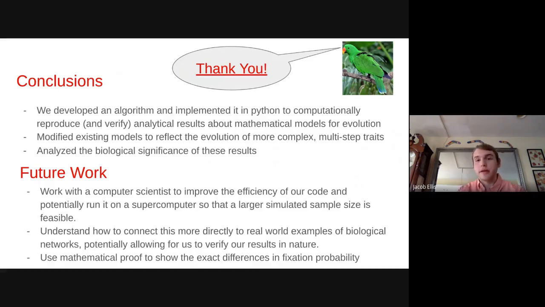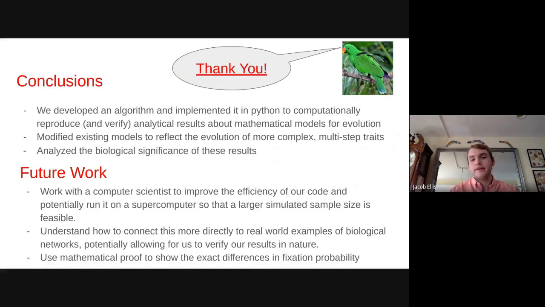Some things which we could do in the future: we thought it would be really nice to work with computer scientists or run it on a supercomputer to see if we can run things at much larger numbers, because that was a big thing for us. It was taking such a long time to run the larger numbers that we couldn't do it, so we had to deal with smaller population sizes.